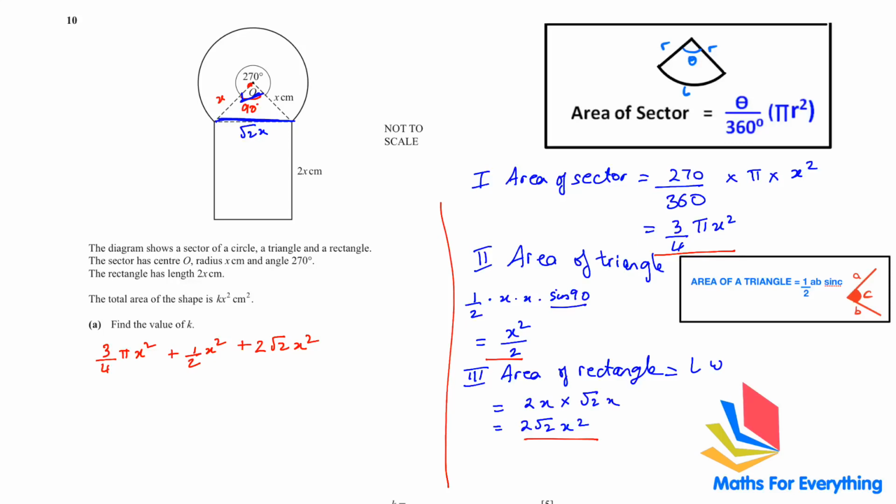As you can see, all the powers of x is square, so they are all like terms. Because they are like terms, you can write in the calculator 3 over 4 pi plus half plus 2 square root 2 and write the x square here. Let's see what we'll get. We will get 5.68, correct to 2 decimal place. So what is the value of k? K is the number before x square, so k is equal to 5.68.